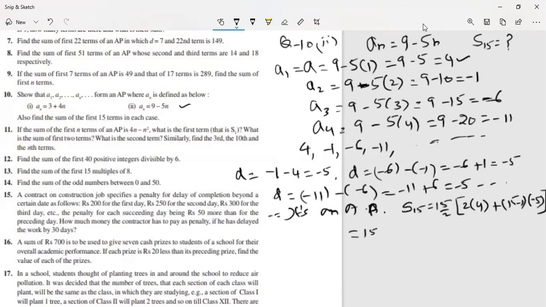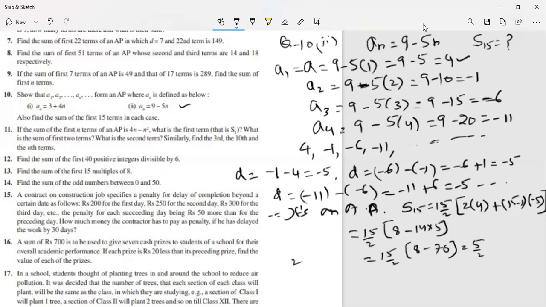So 15 by 2 into 8, plus 15 minus 1, which is 14, into minus 5, so 14 into 5 is 70.